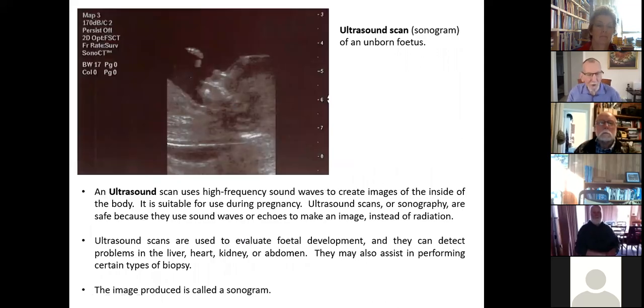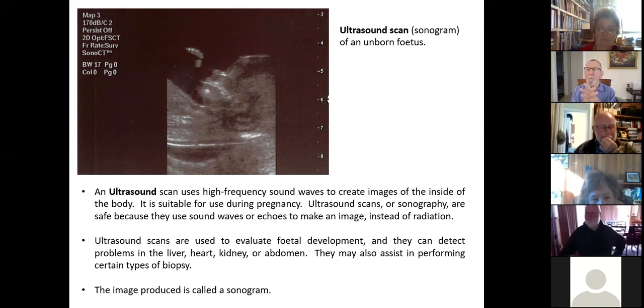Ultrasound, as we mentioned earlier, is used very, very widely for a huge range of things. Here we have quite obviously a fetus. The facial features are very, very obvious indeed. So extremely useful indeed. Now, high frequency sound waves are used to create images inside the body.